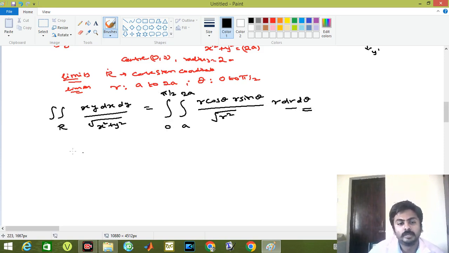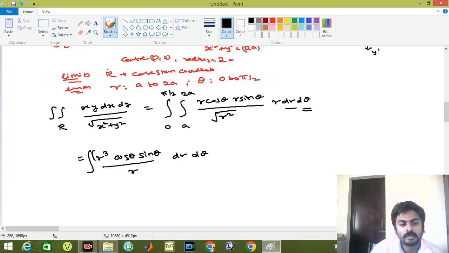Now you have r cube cos theta sin theta divided by r, into dr d theta, the double integral with a to 2a and 0 to pi by 2.